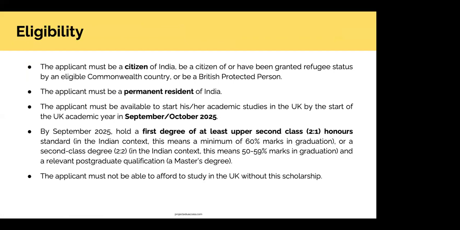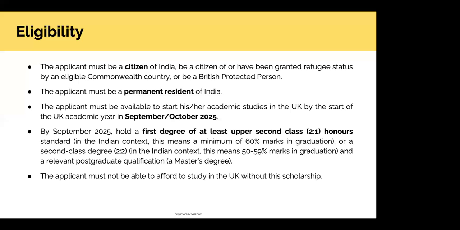So about eligibility for the Commonwealth Master Scholarship, the applicant must be a citizen of India, or have been granted refugee status by an eligible Commonwealth country, or be a British protected person. The applicant must be a permanent resident of India. They must be available to start their academic studies in the UK by the start of the UK academic year in September or October of 2025.